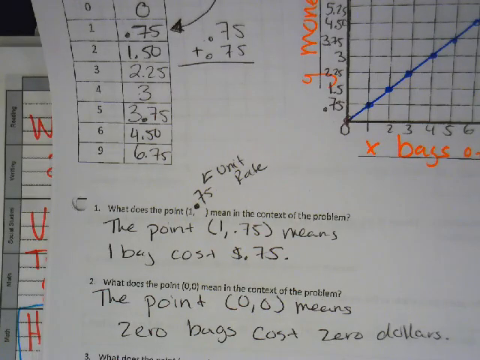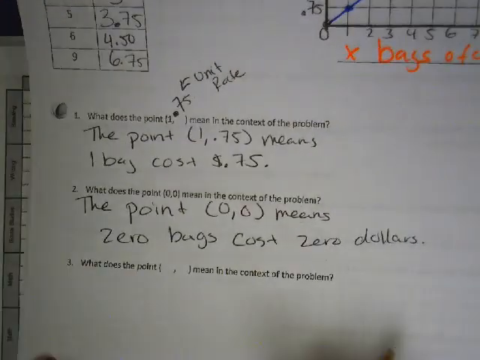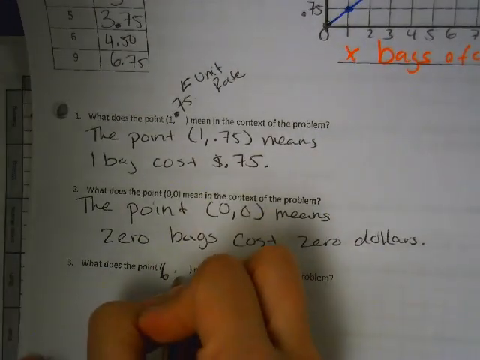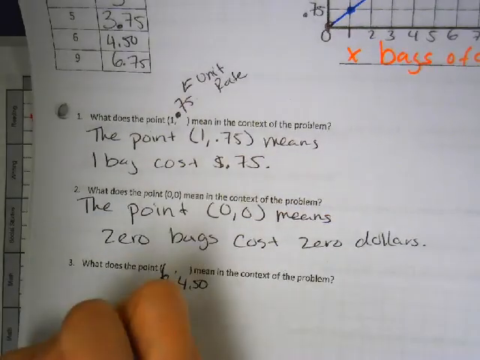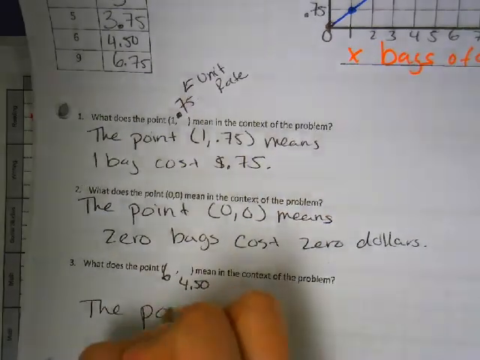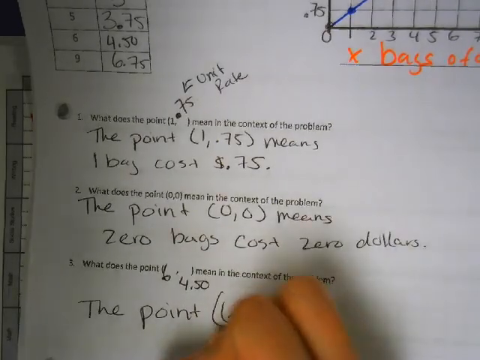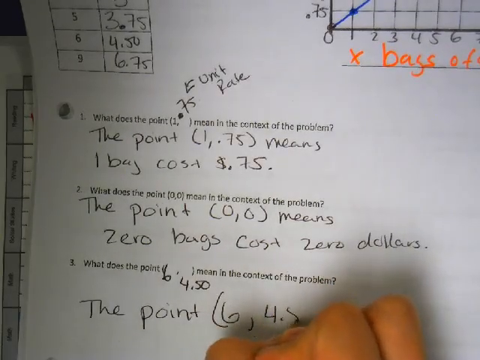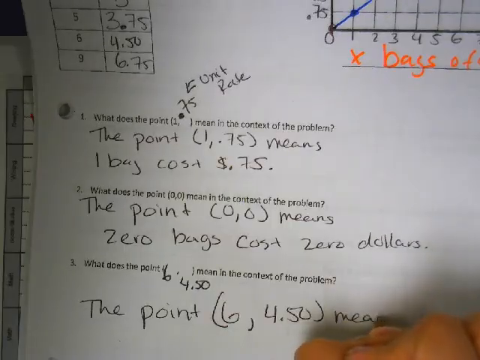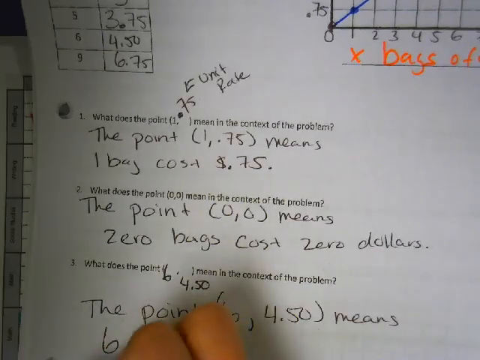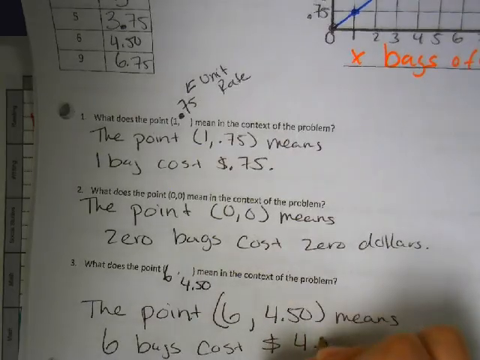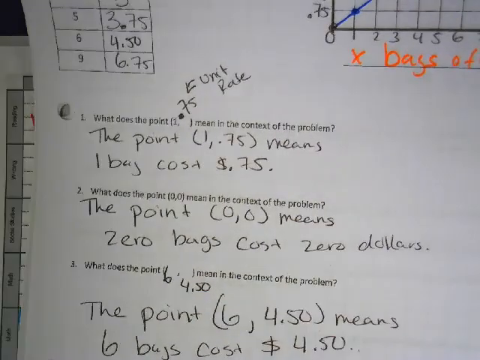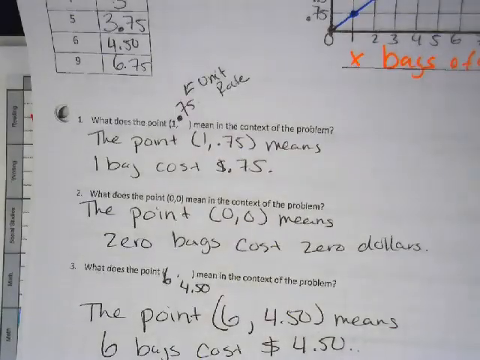A point always needs 2 numbers. 6, comma, 4.50. Six bags cost $4.50.